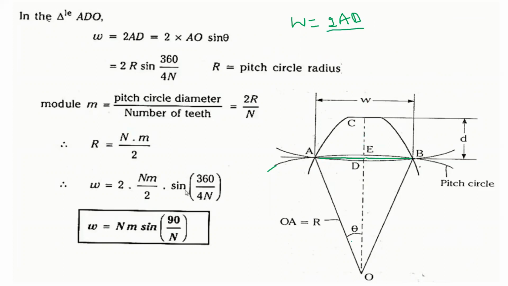But from the triangle ADO or OAD, what is AD? Let us take sine theta. Sine theta is equal to AD, which forms the opposite side, and OA, which forms the hypotenuse. AD by OA. So therefore AD is equal to OA sine theta.